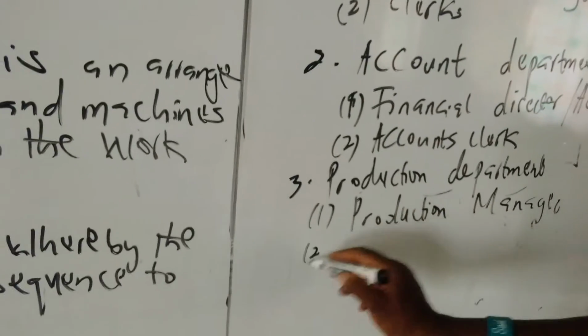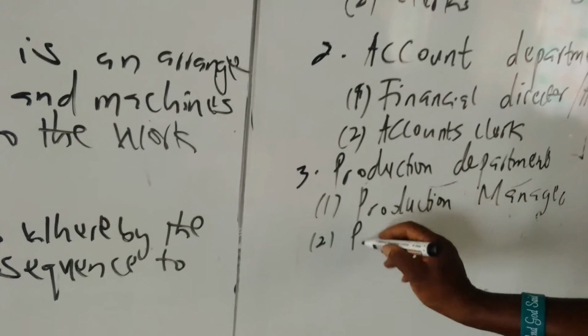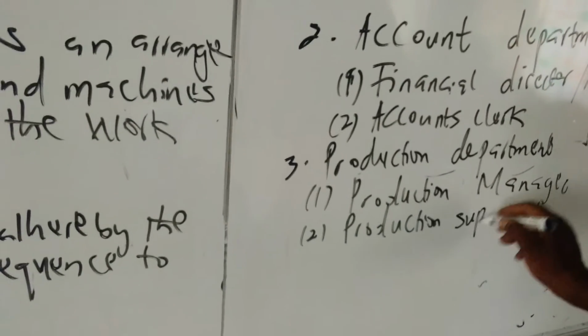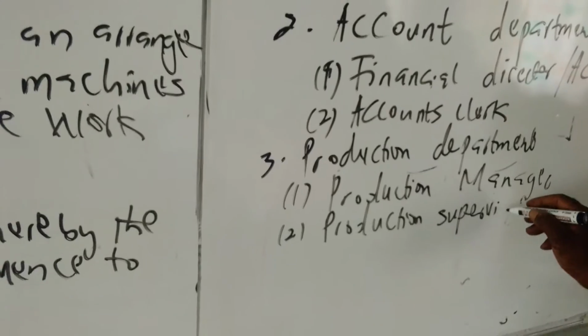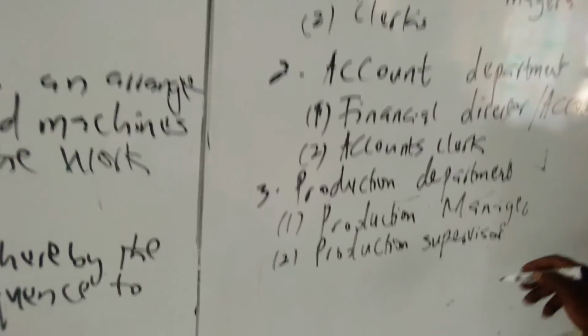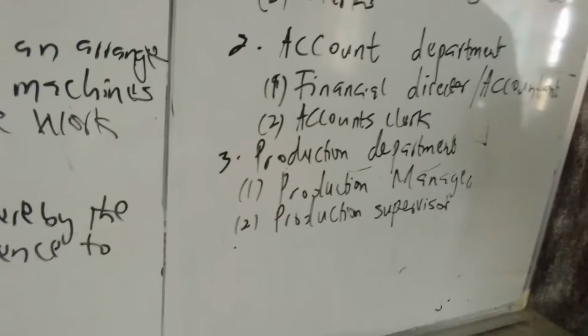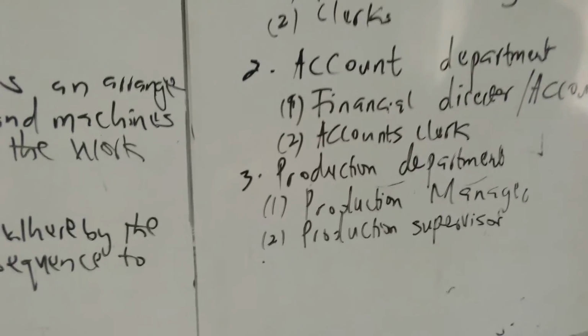Then you can see the production supervisor's office, and any other offices. You can see that in a particular department you have more than one office.